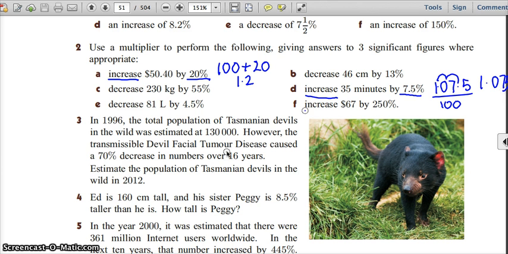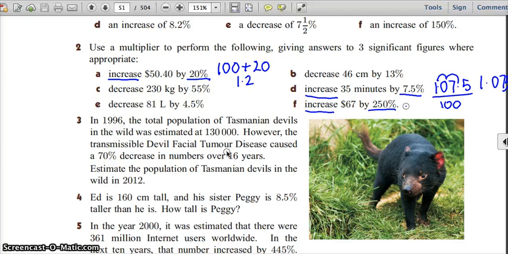Liam, this one, increase by 250. What's our multiplier going to be? 350. Yeah, and what's our multiplier going to be? It's going to be 350%. Absolutely right. Do this bit, 350 over 100, which is, leave that decimal place. 3.5.